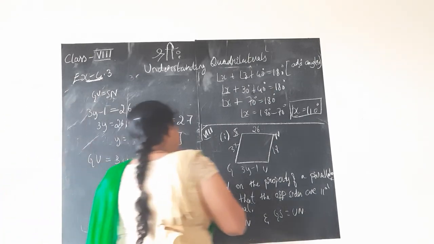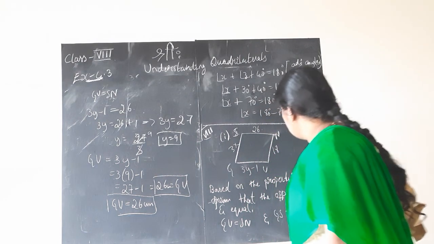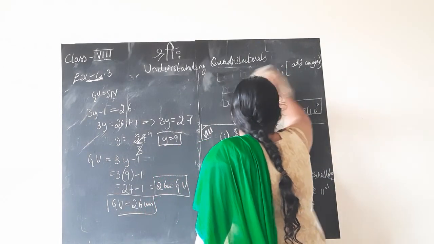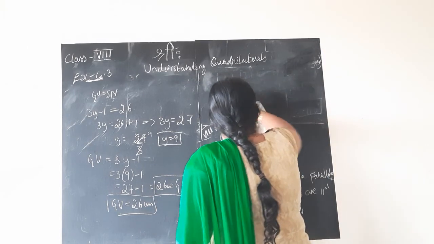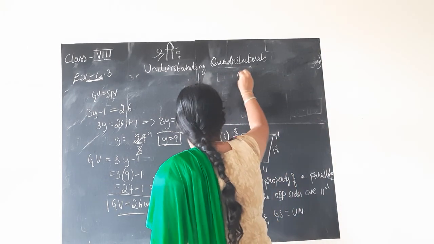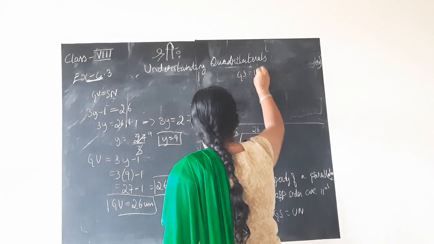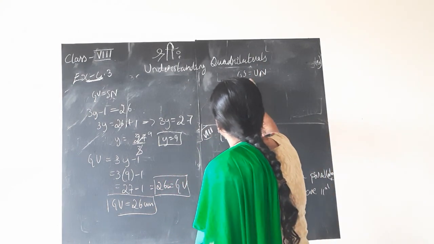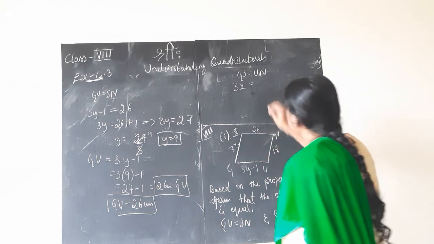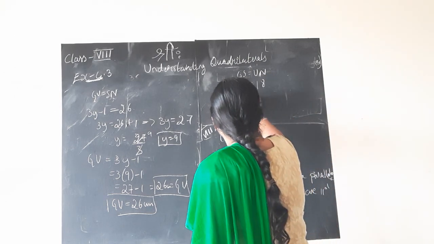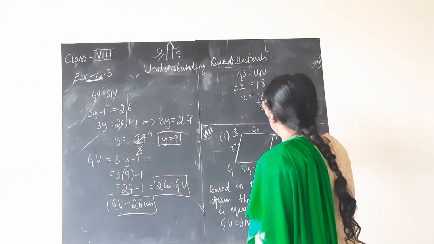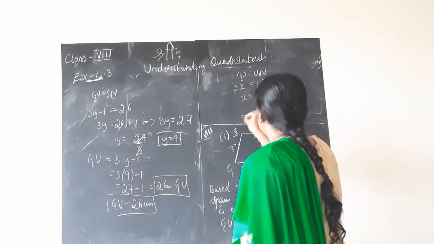Similarly, now what we wrote, GS is equal to UN. Again let us equate it and write. GS is equal to UN. From the figure, what is GS? 3x is equal to UN, which is 18 centimeters, so 3x is 18. 3 I am sending to the other side, divided by 3, 3 sixes are 18.